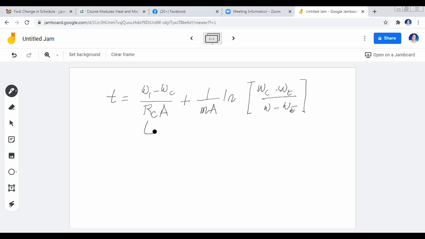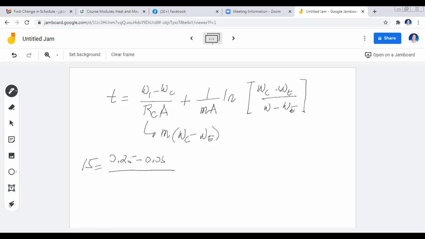So in this case, we will change our rate here to the product of M and the difference of omega C and omega E, that is, the critical moisture content and the equilibrium moisture content. When I substitute everything here, I will have 15, and omega 1, which is 0.25, and your critical moisture content, which is 0.05.